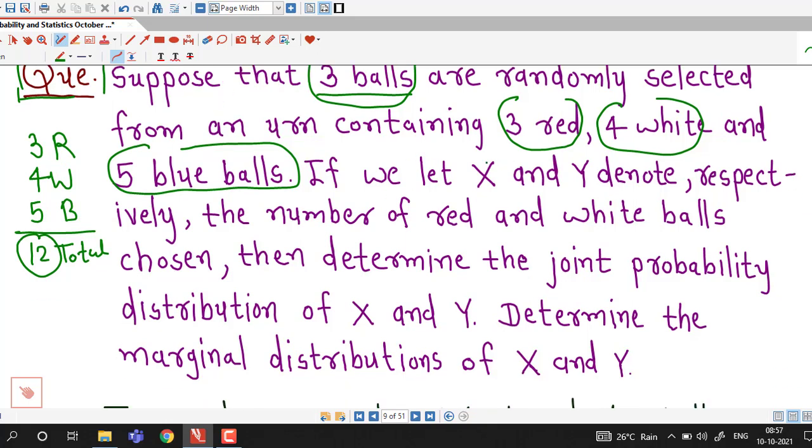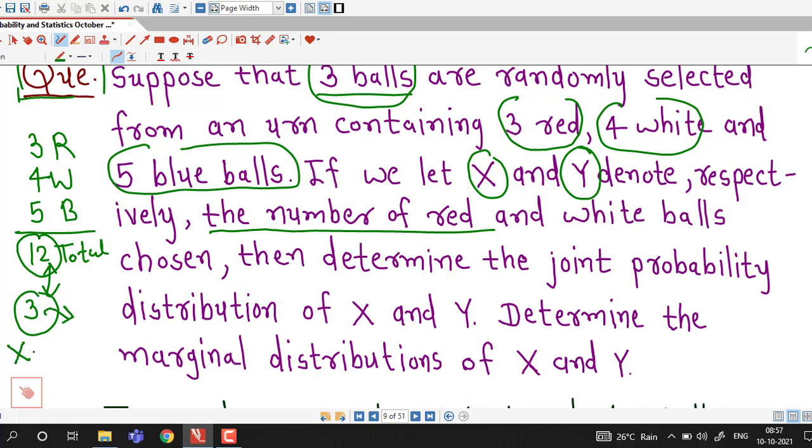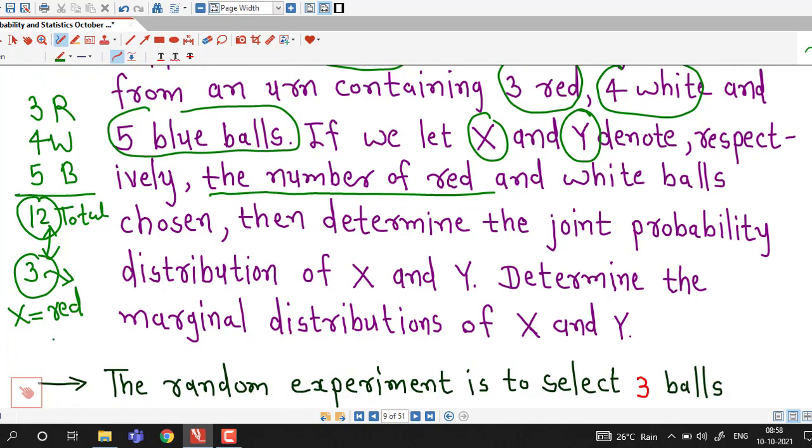Now random variables capital X and capital Y are defined in this way. Capital X is the number of red balls chosen out of these 3 balls. So we are going to select 3 balls out of total 12 balls, and out of those 3 selected balls, X denotes the number of red balls chosen and random variable Y denotes the number of white balls chosen.